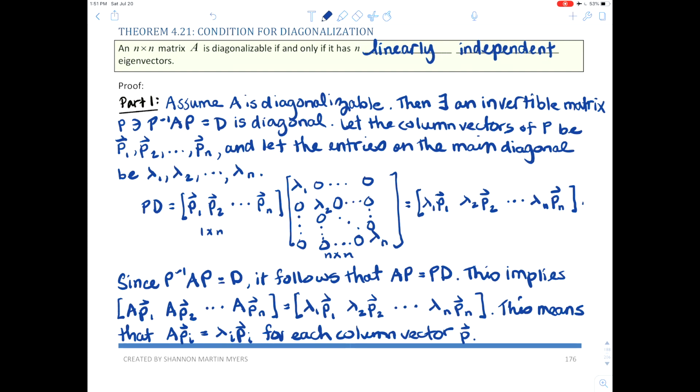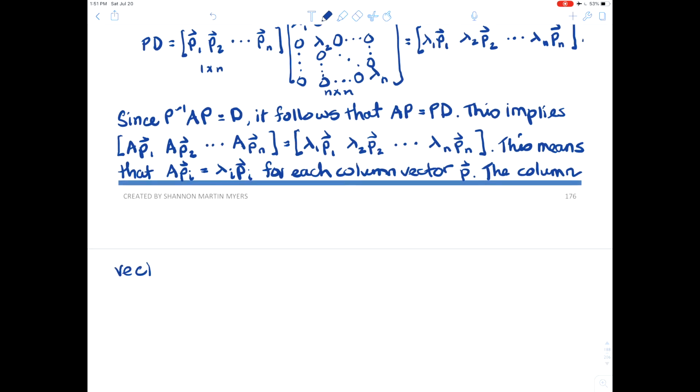Well, gosh, doesn't that sort of mean that the column vectors Pi of P, the matrix P, are eigenvectors of A? Pretty amazing, huh?